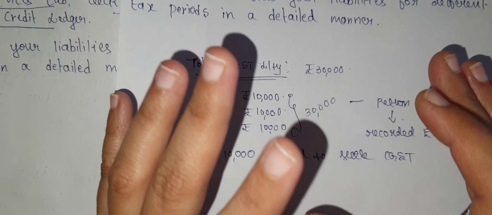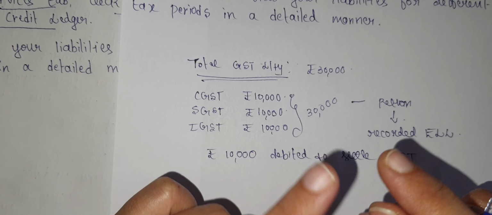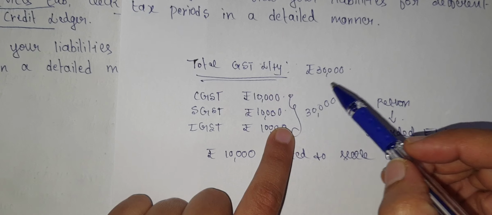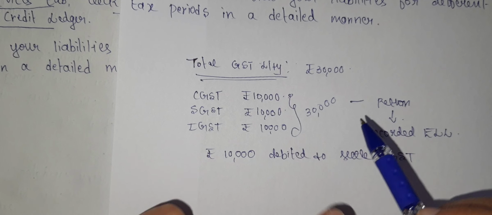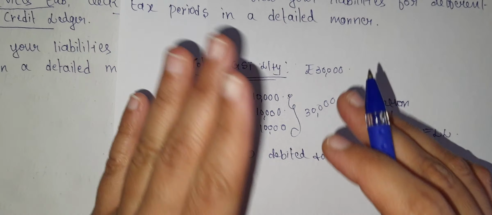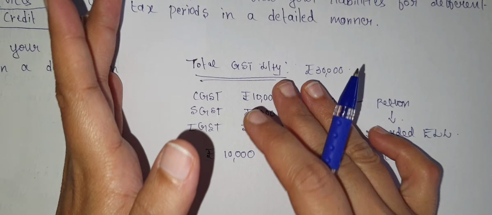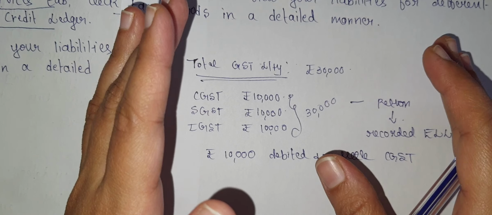Once the payment is processed, your liability in the ledger will reduce to 0, because here you have made the payment of rupees 30,000. So your liability in the ledger will reduce to 0 balance, and the balance in your cash ledger will also reflect the debit.